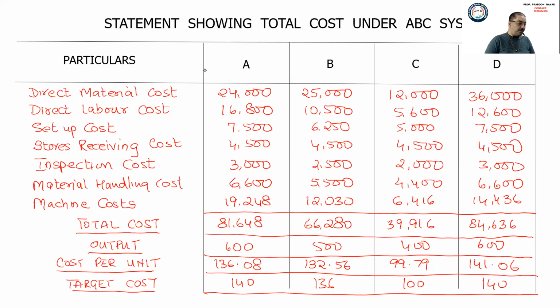Write down: Actual cost of products A, B, and C are well below the target cost.